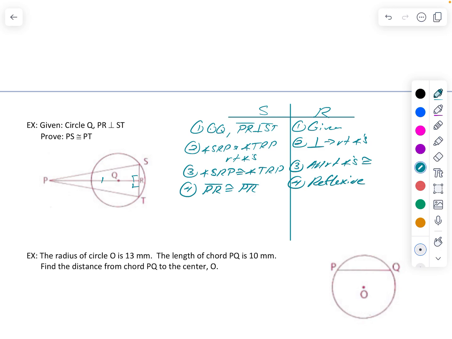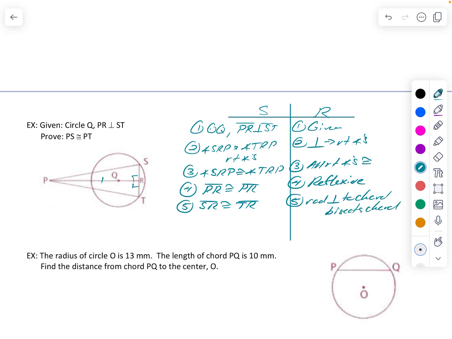We can use our theorem. It's still, again, like a radius because it's starting from the center. So if we have a perpendicular to a chord, it bisects the chord. So we could say SR congruent to TR because radius perpendicular to chord bisects chord.